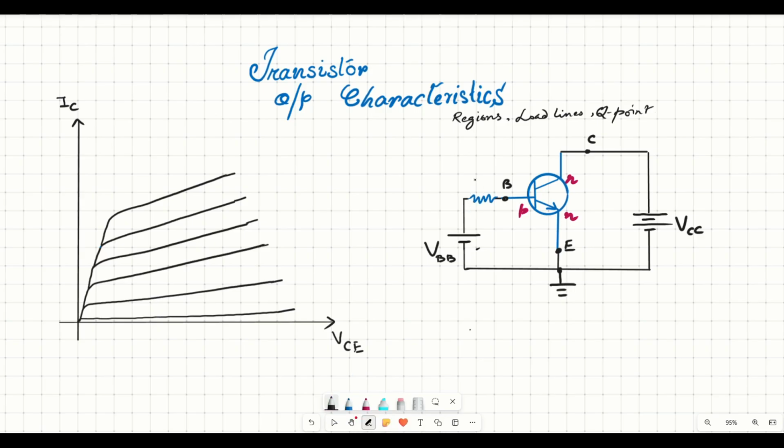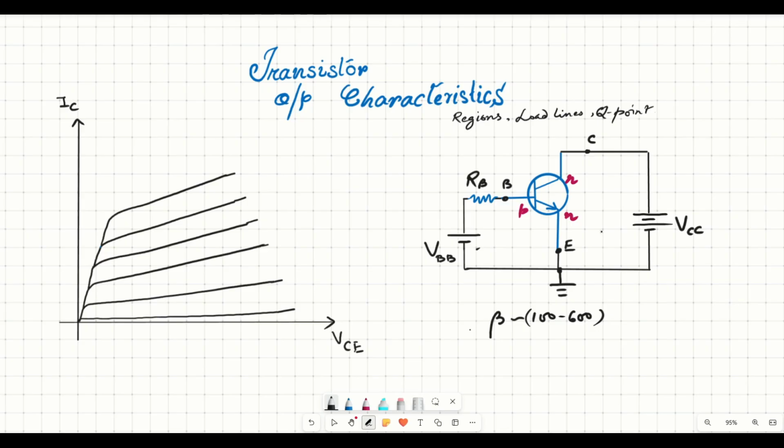The function of this resistor RB is to safeguard the transistor. Since we already know the amplification factor is beta, and the beta value ranges from around 100 to 600, if we have a higher voltage across the input, it will automatically increase the output current to a very high value, which may damage the transistor.